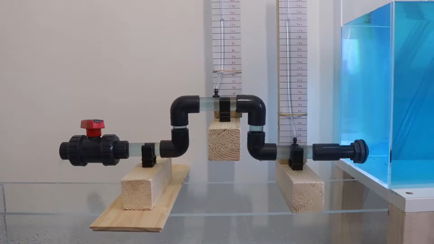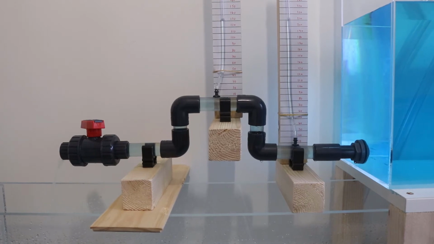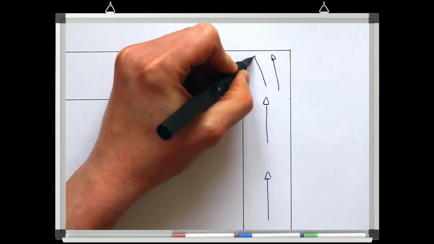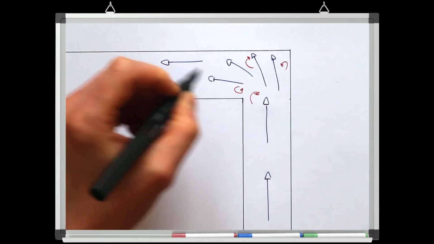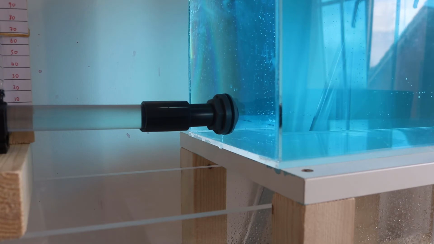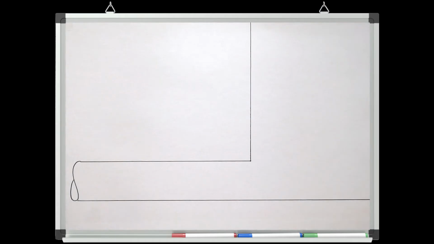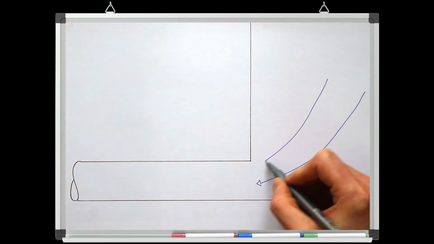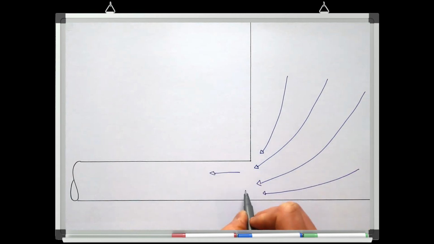A local loss is where we get a sudden drop in energy at a single point in the system. So for example, when water goes round a bend, we get a sudden loss in energy as it takes some energy for the water to orientate itself around the bend. Or, as we're looking at in this example, when water leaves the tank and goes into a pipe, we get a loss in energy as the water is losing energy while it's forcing itself into the new geometry.